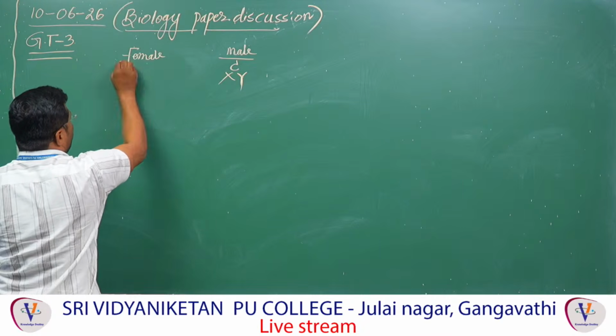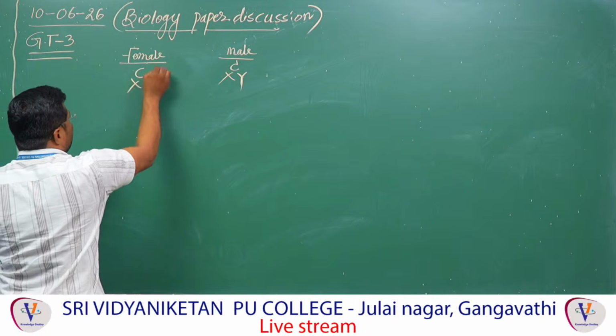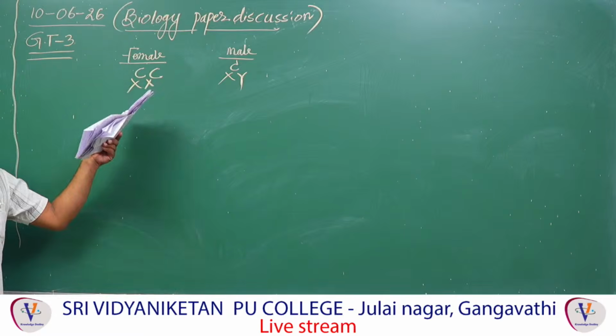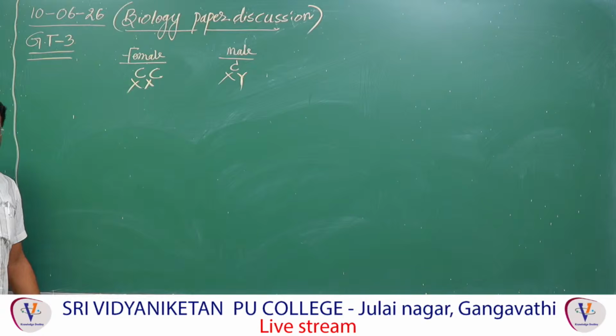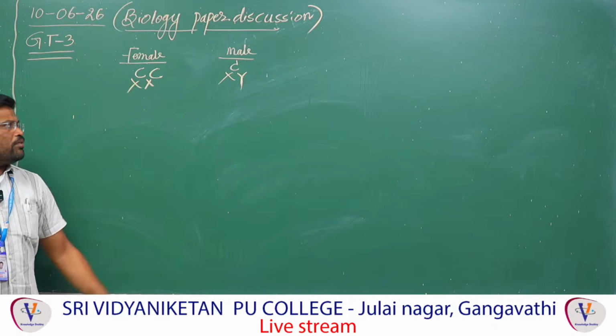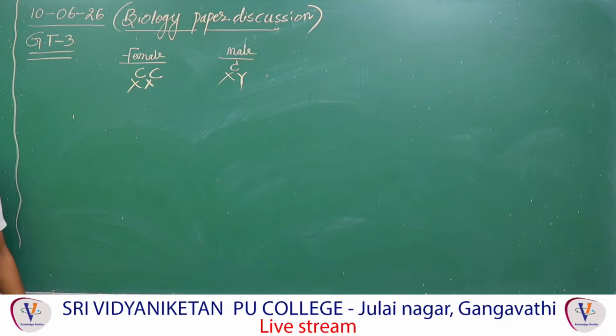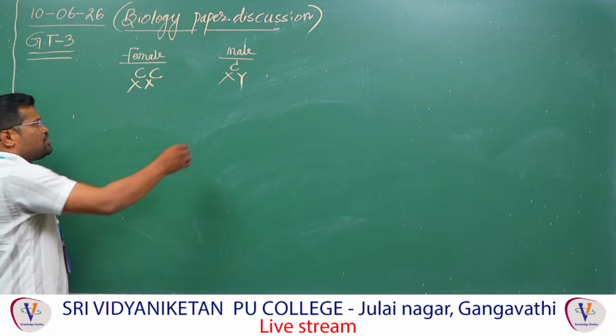The female karyotype is X capital C X capital C, because the female is normal for color blindness. The female doesn't have color blindness, so the male expresses color blindness. The male karyotype is X small c Y and the female karyotype is X capital C X capital C.